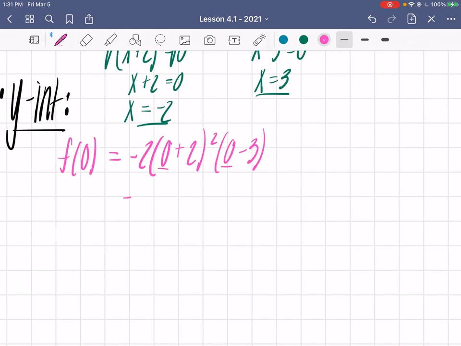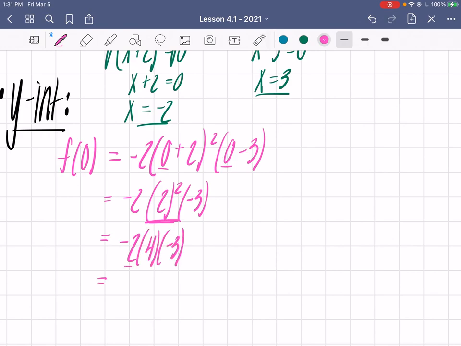So 0 plus 2, if we simplify our parentheses, those come first, is just 2. 0 minus 3 is minus 3. Okay, then I have to do the exponent next, so 2 squared becomes 4, and then I can multiply. So negative 2 times 4 is negative 8, times negative 3 is positive 24. So our y-intercept is the point 0, 24.